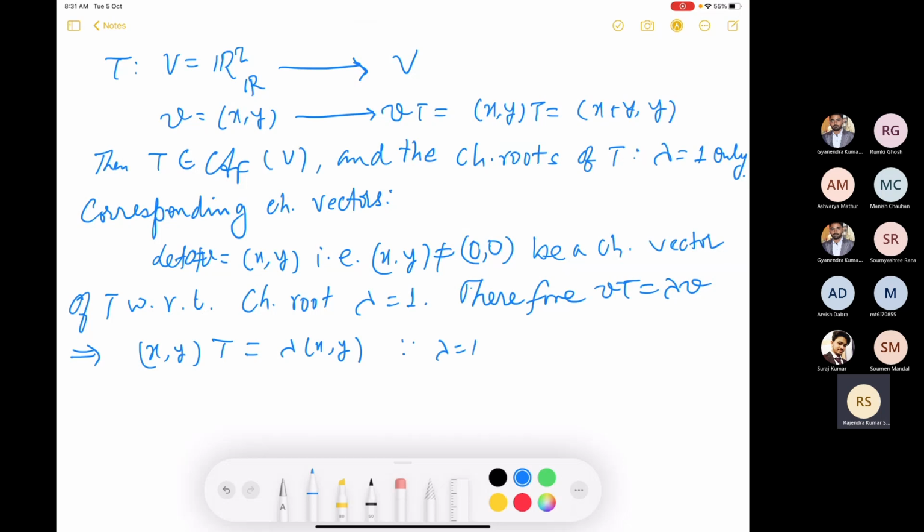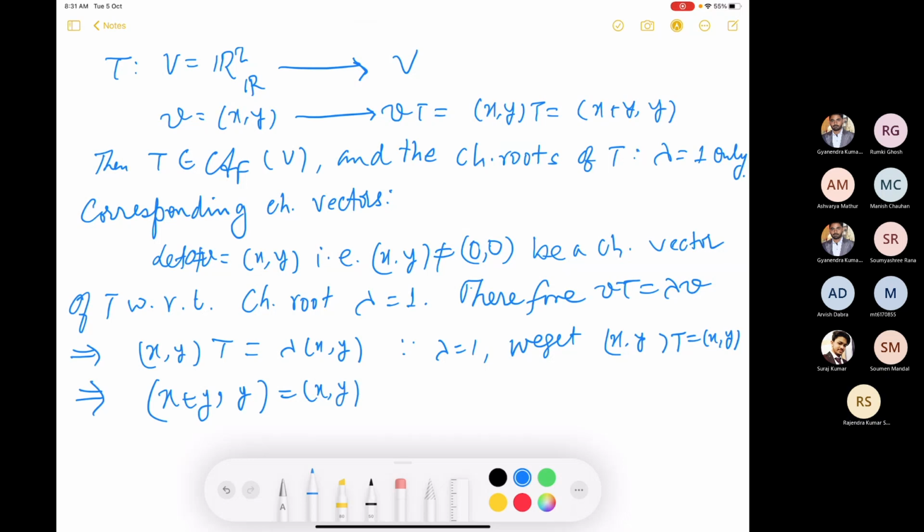Since lambda is equal to 1, we get (x, y)T as (x, y). That makes (x plus y, y). The first coordinates are to be equated only, as the second are the same, so that makes x plus y is x.